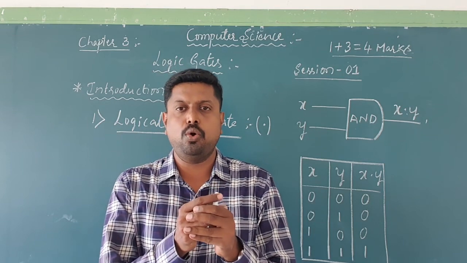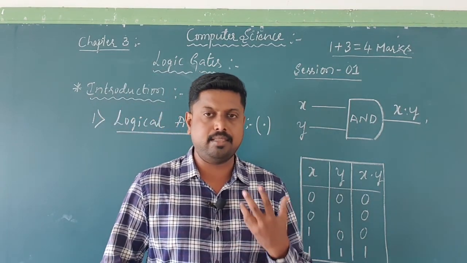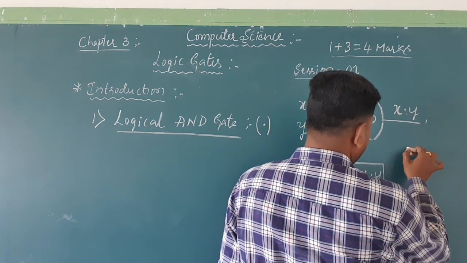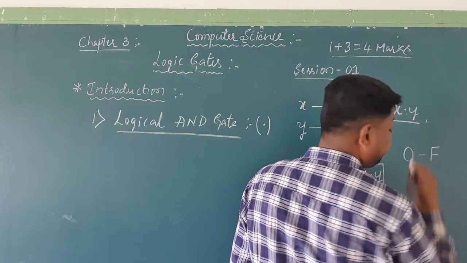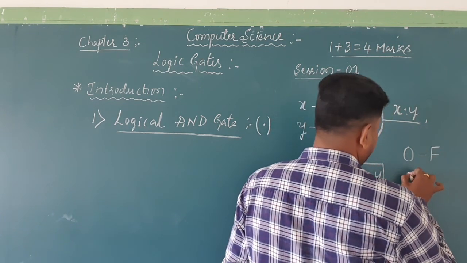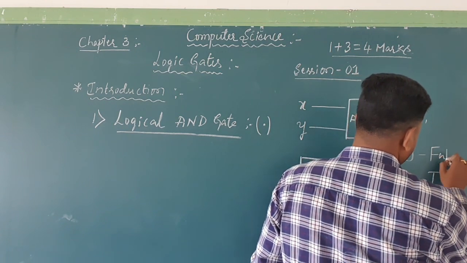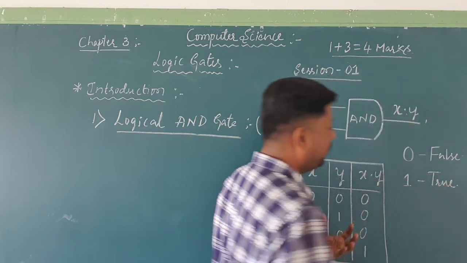If I want to define this truth table with the help of logical AND gate, yes, we have a chance. Dear students, one thing you remember, we will represent 0 as a false statement, and we will represent 1 by true statements, that is, this one is false and this one is true.